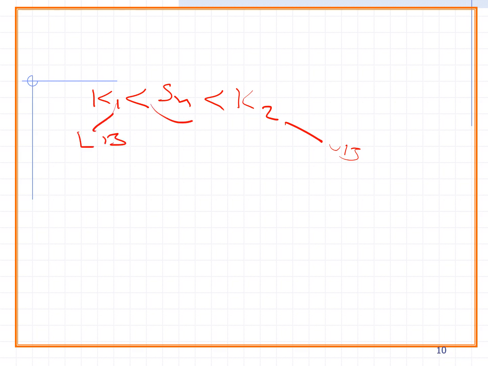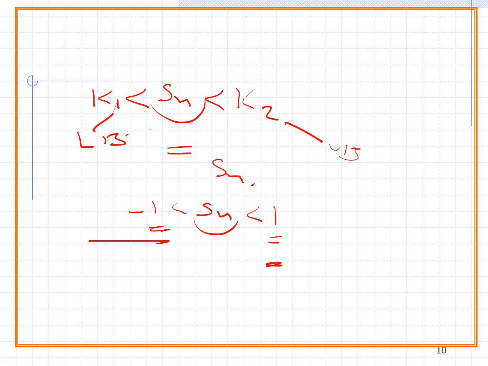Sn lies between the lower bound and the upper bound, so Sn is bounded. For example, minus 1 less than Sn less than 1. This is the lower bound and this is the upper bound. Then Sn is called a bounded sequence.